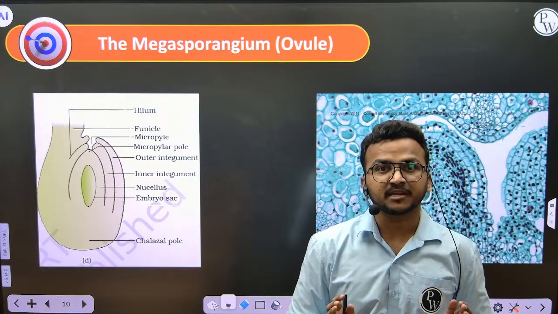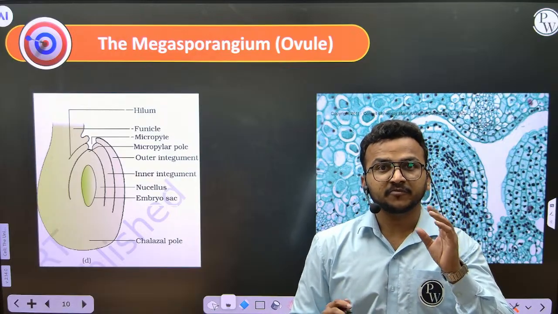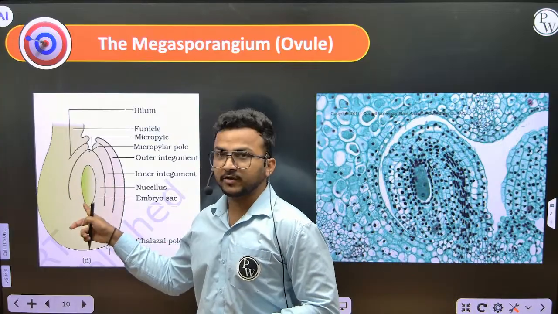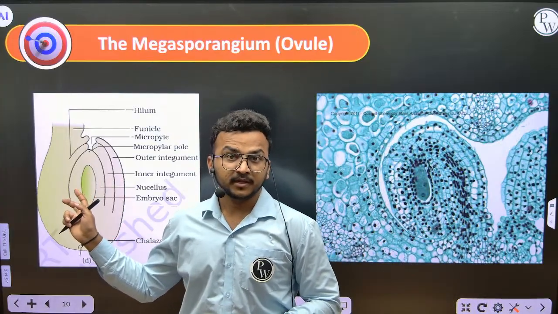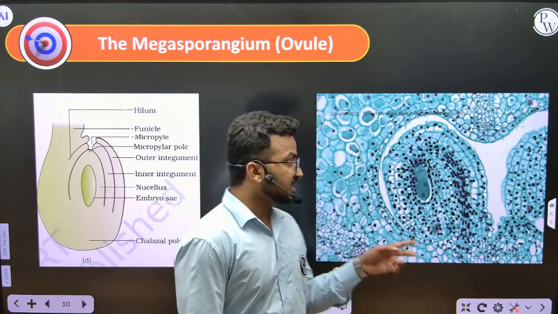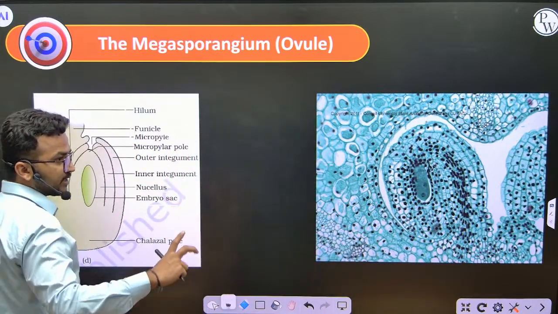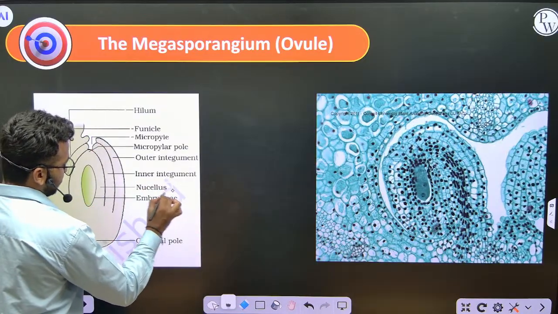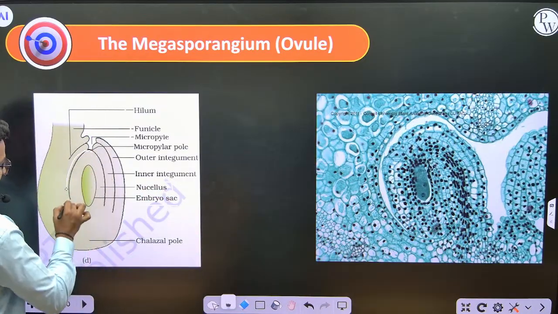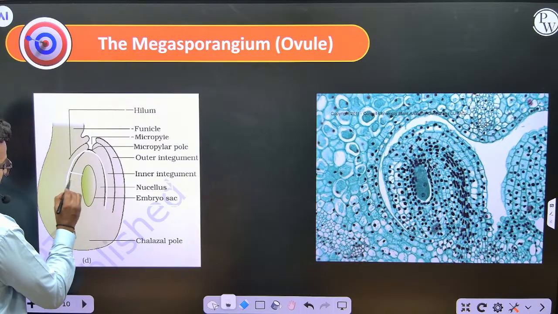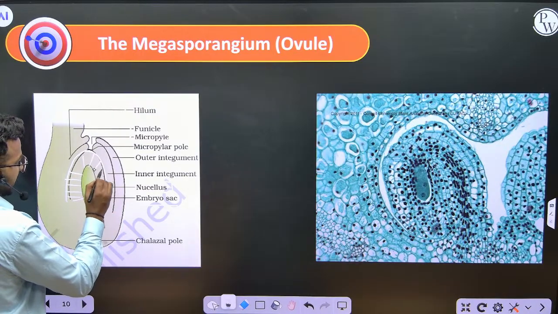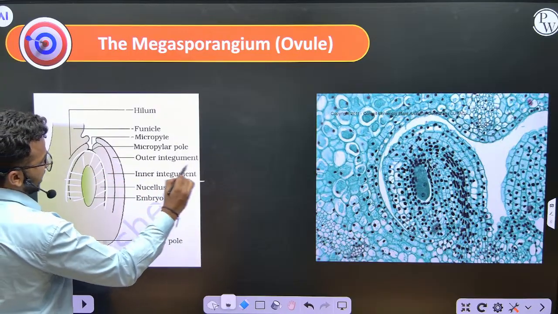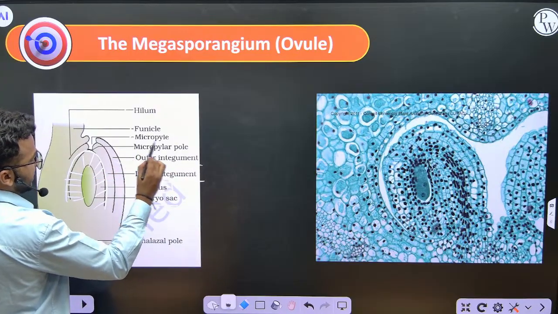Nucellus has food reserve material which helps in the development of the embryo sac. Next to that is the inner integument, and next to that the outer integument.